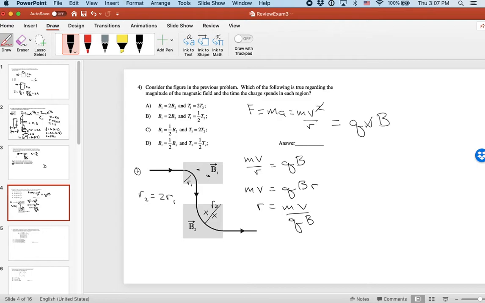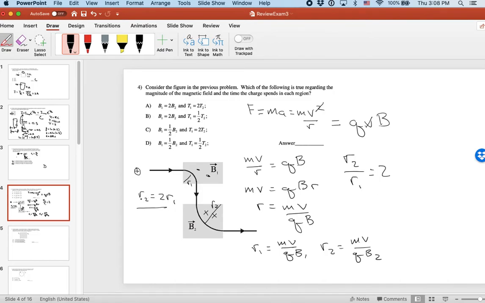That's my r, so that's true for both of these cases. So r1 is equal to mv over qB1, and r2 is equal to mv over qB2. Now I can use a ratio. I know r2 over r1 is equal to 2, since r2 is equal to 2 times r1.